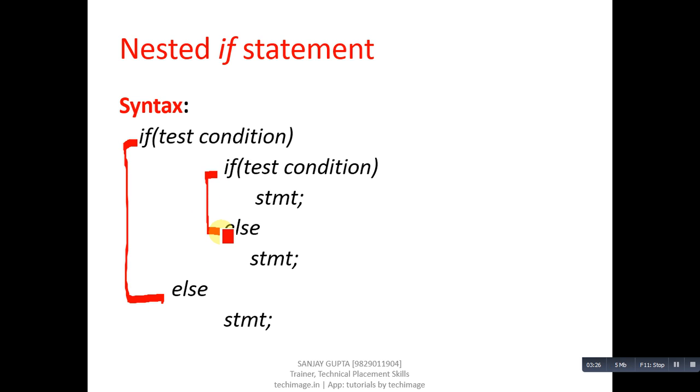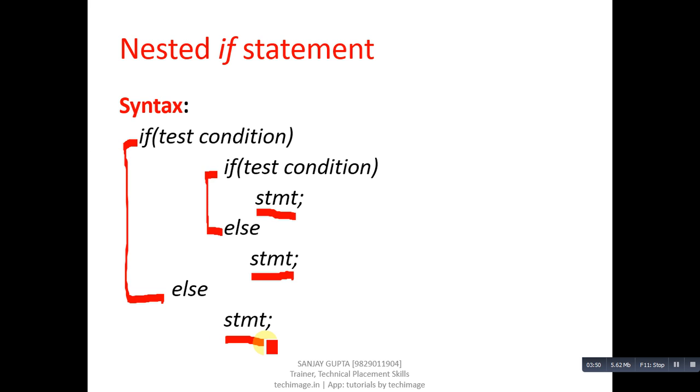If the first if is true, then the second if condition will be checked. If it is true, then this statement will be executed. If the second if condition is false, then this else statement will be executed. If the first if condition is false, then control will automatically transfer to this else, and these statements will be evaluated.